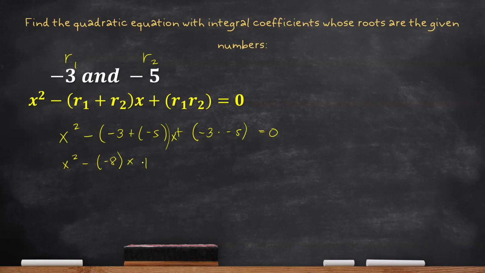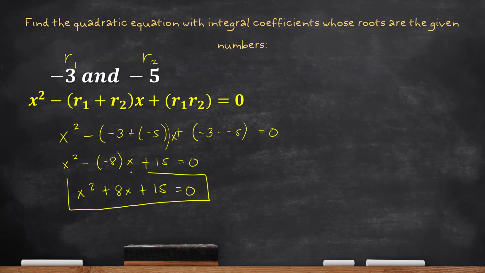So positive 15. So plus 15 equals 0. Now we have here negative times negative 8. So negative negative 8. This will become positive 8 times x. So that is now positive 8x. So we're going to have here x squared plus 8x plus 15 equals 0. And this is now the equation.